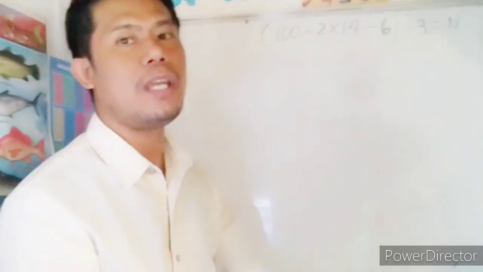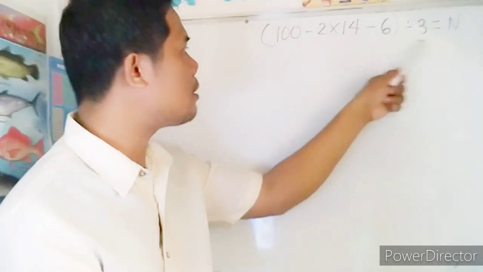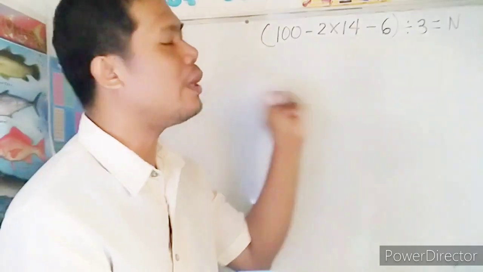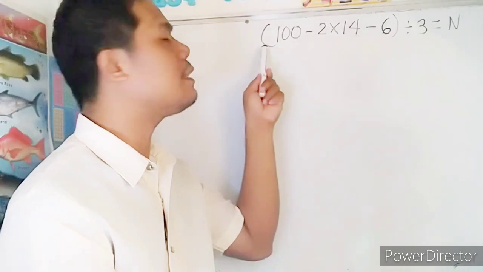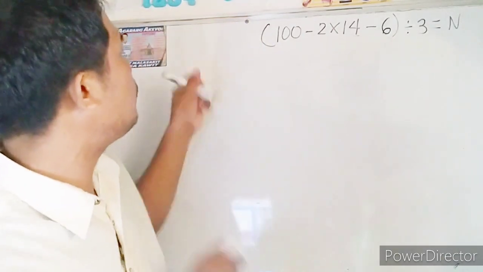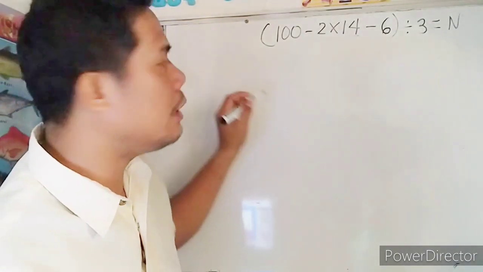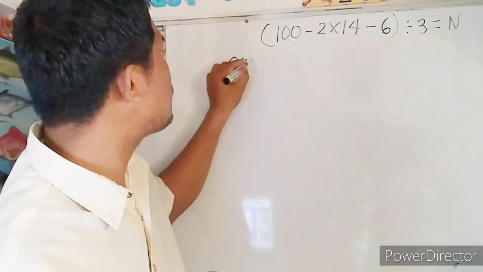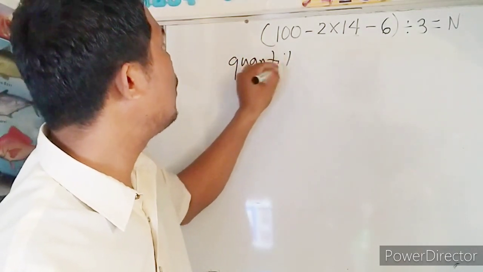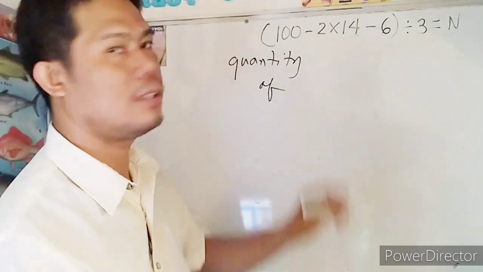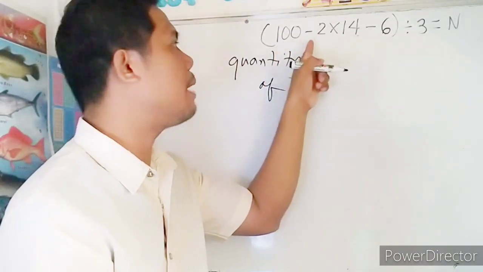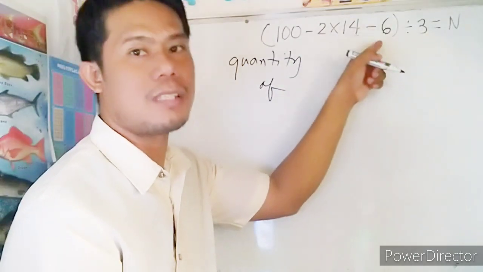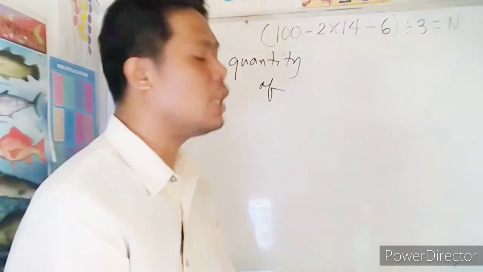Okay, now we're going to solve. So look at this equation. When we read this, class, we start from the phrase quantity of. So we state quantity of 100 minus 2 times 14 minus 6 divided by 3.